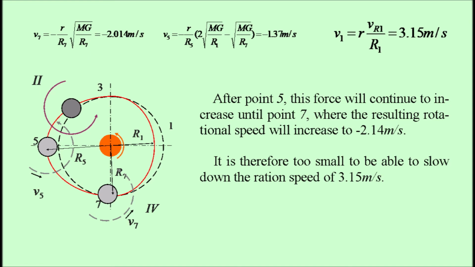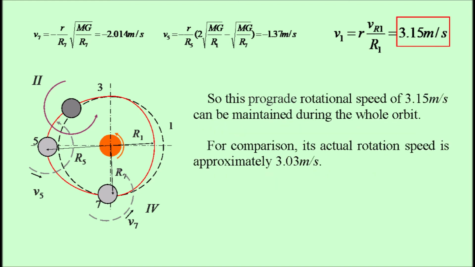It is therefore too small to be able to slow down the rotation speed of 3.15 meters per second. So this prograde rotational speed of 3.15 meters per second can be maintained during the whole orbit. For comparison, its actual rotation speed is approximately 3.03 meters per second.